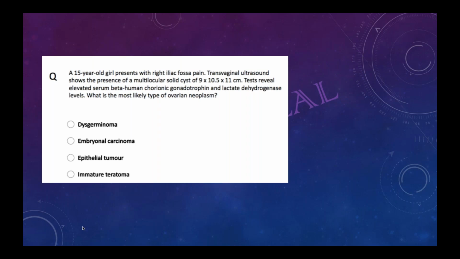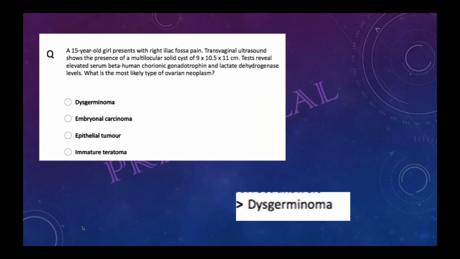A 15-year-old girl with right iliac fossa pain, a multilocular cyst of 9 by 10 by 11, beta HCG is high and lactate dehydrogenase level is high. What could be the type of ovarian neoplasm? Embryonal carcinoma? No. LDH and beta HCG are markers for dysgerminoma. Yes, dysgerminoma.